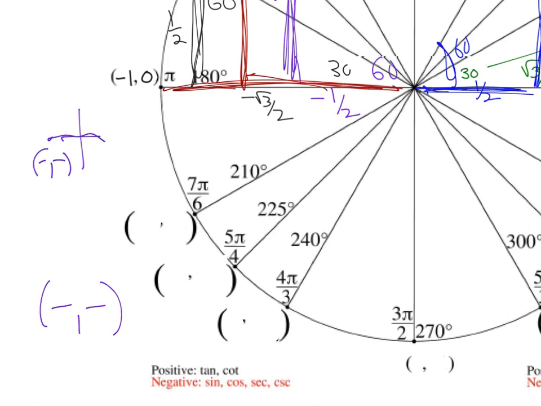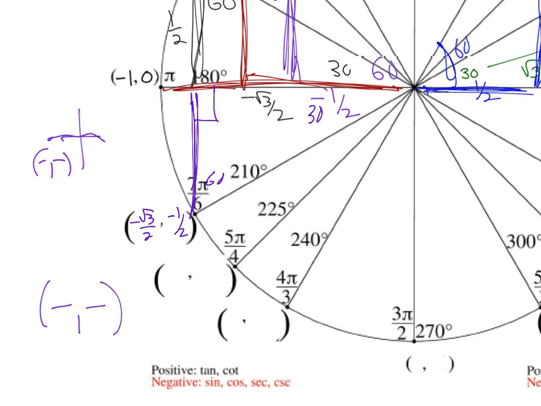So again, I'm using my x-axis as my anchor point. So let me go here. This becomes 30, 60, 90. So it becomes negative square root of 3 over 2 and then negative 1/2.